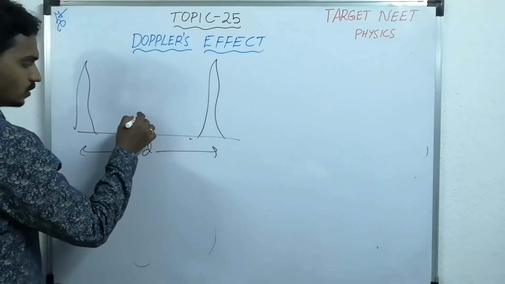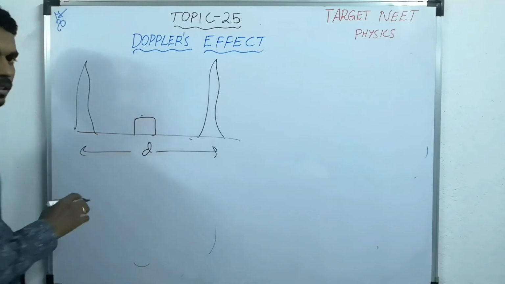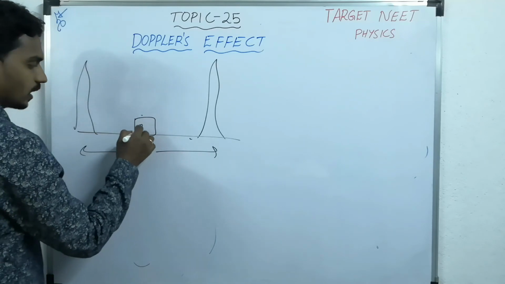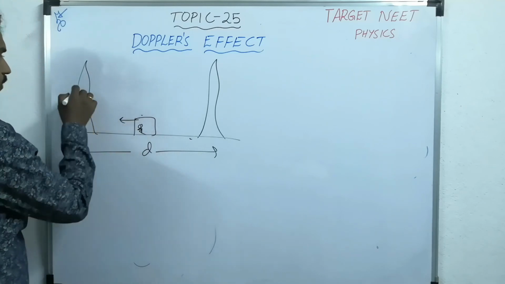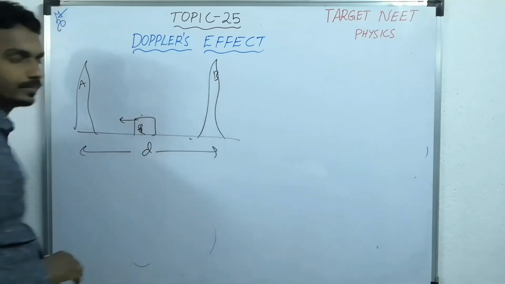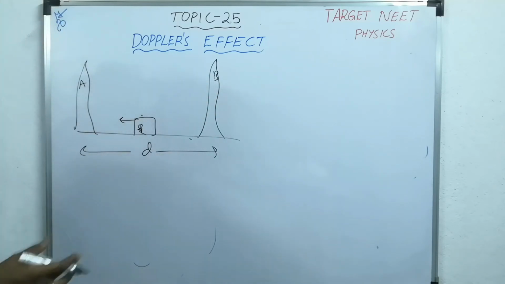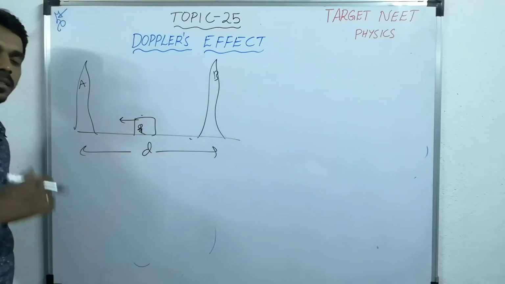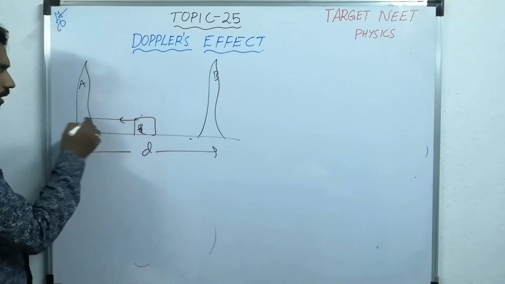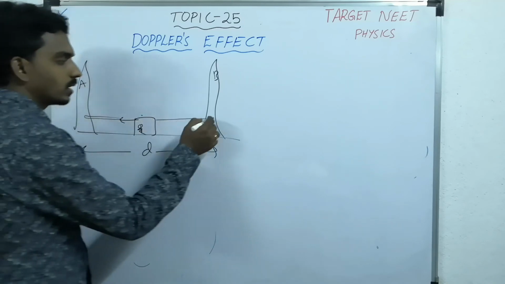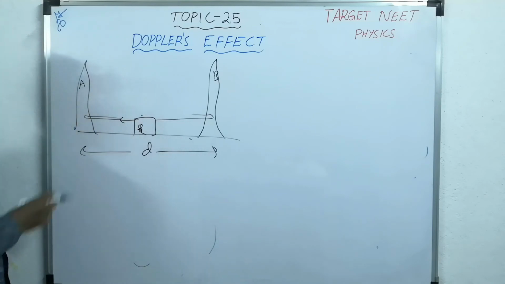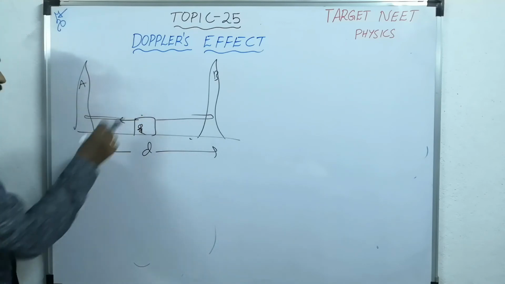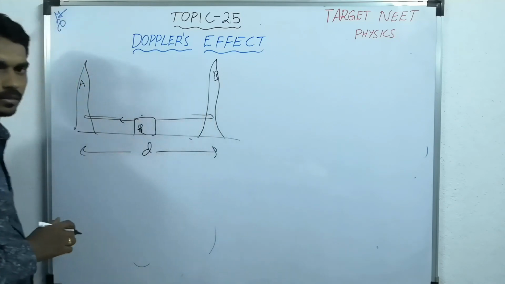Now one person in a vehicle is traveling, suddenly blows the horn, and he is moving towards one of the hills, let's say A and B. Now what is the beat frequency he will hear as echo? Because one will reflect from here, another will reflect from here. So you can calculate this as one frequency, this as another frequency.